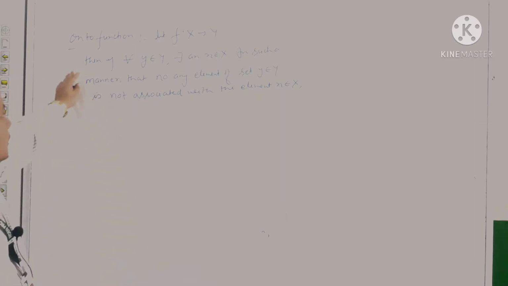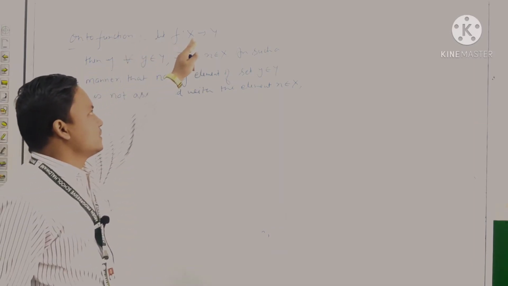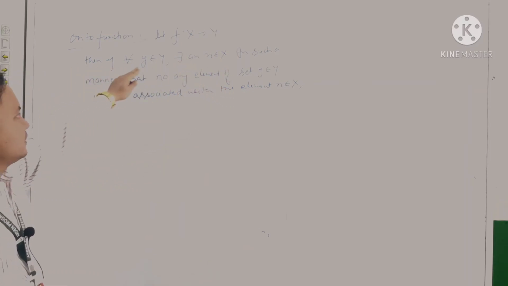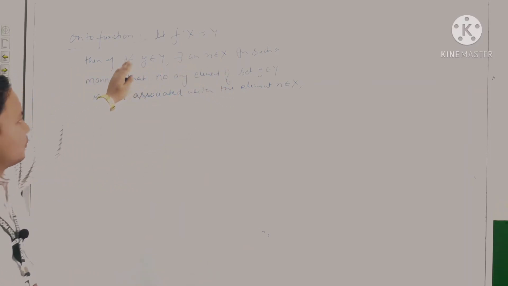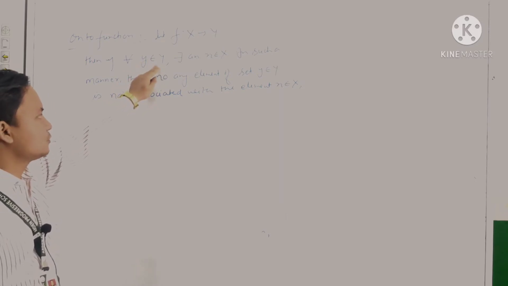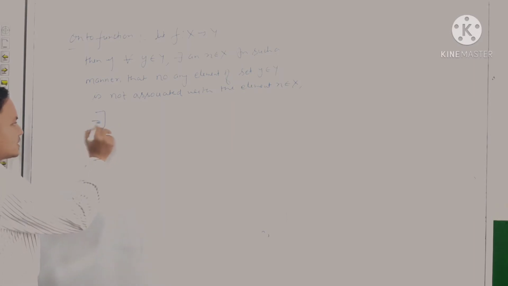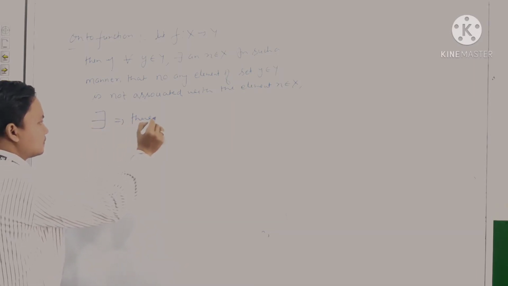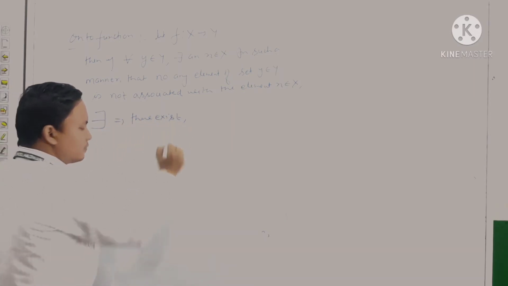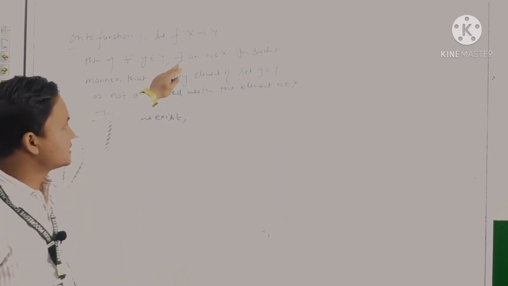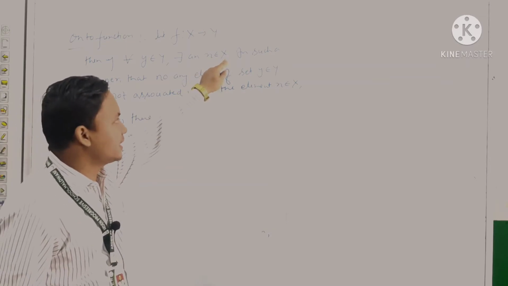What does it mean? Again, if a function is defined from a non-empty set x to a non-empty set y in such a manner that for every y belongs to y, it means for every element belonging to the codomain y, there exists, this is the notation for there exists, an element x in the set x.